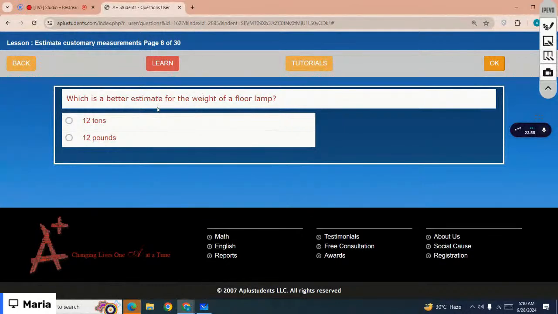A floor lamp is 12 pounds. 12 tons is too much for the weight, right?